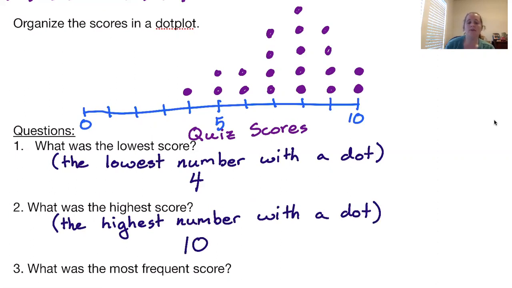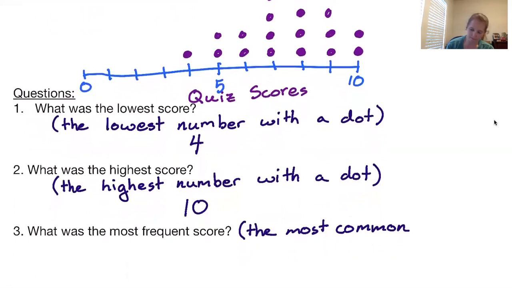And our last question is, what was the most frequent score? Frequent is essentially the most common. So we're looking for the number with the most dots.